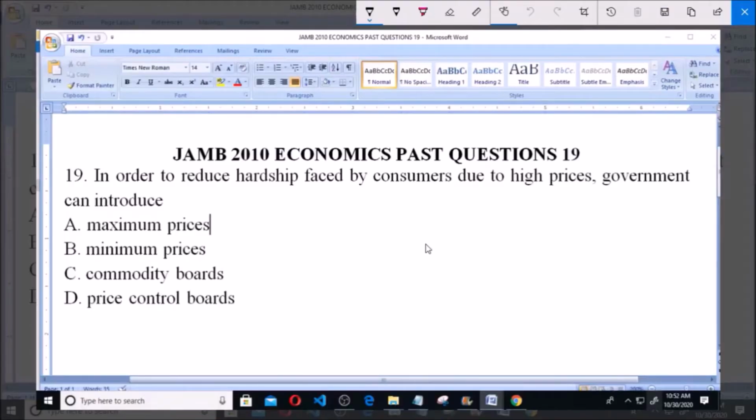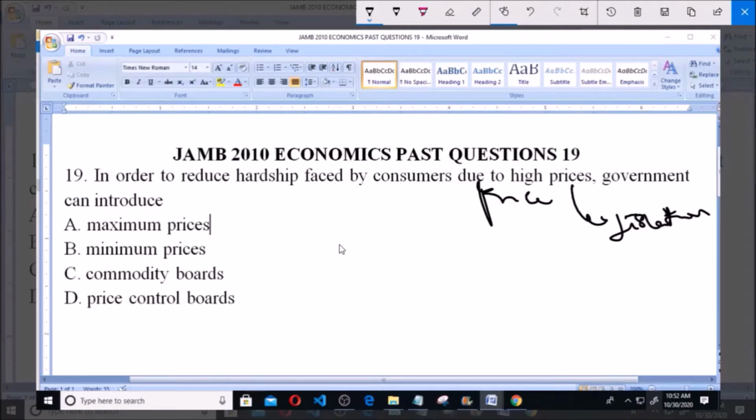Hello, Jamb 2010 economics past question number 19. In order to reduce hardship faced by consumers due to high prices, governments can introduce what? This topic is looking at price legislation.